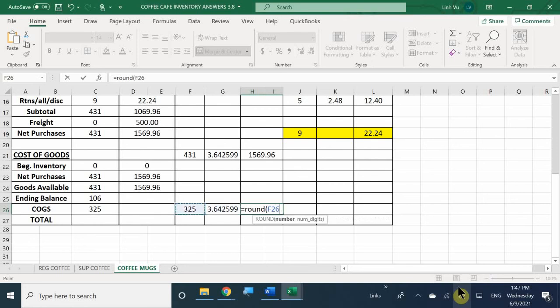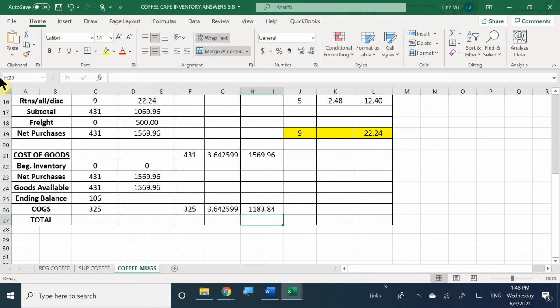So we take 325 times our 3.642599, comma 2. And what do I get as my total cost of goods sold? 1183.84.